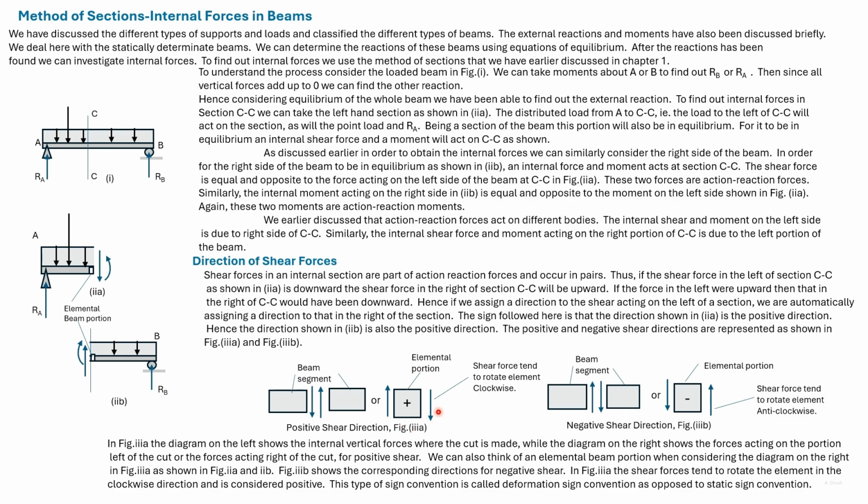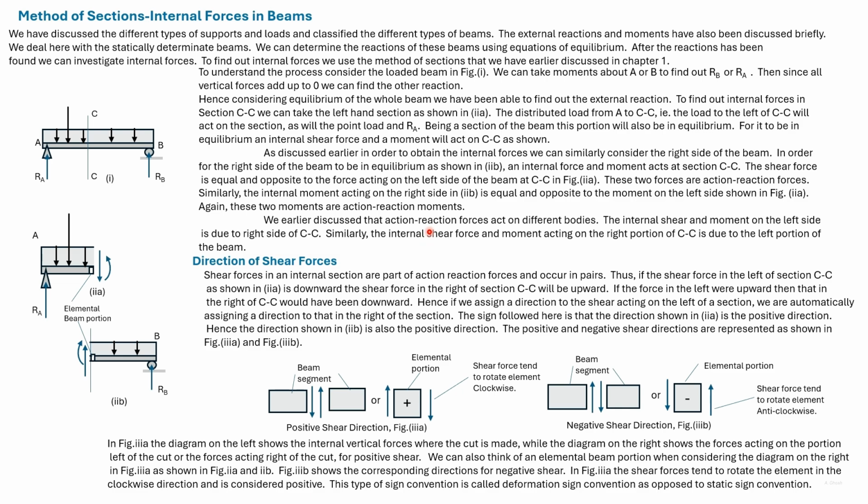That is a downward force on the right face and an upward force on the left face. These forces tend to rotate the element clockwise. So both in this case and in this case, the shear forces will tend to rotate the element clockwise and therefore are positive.